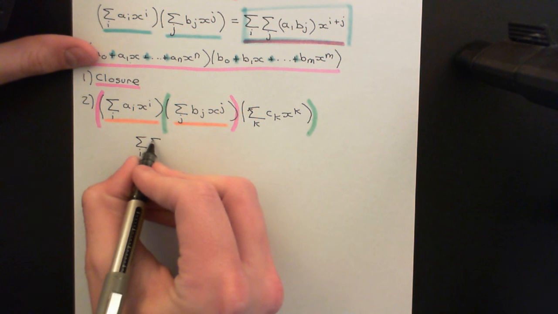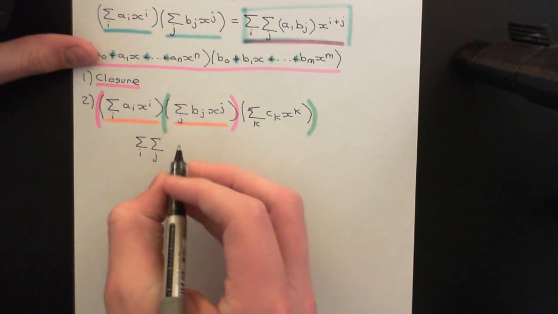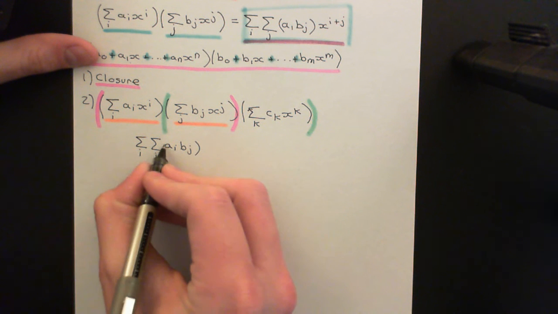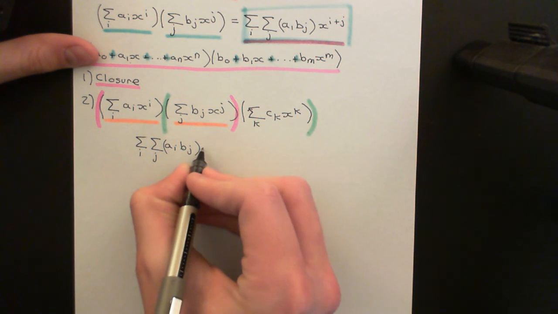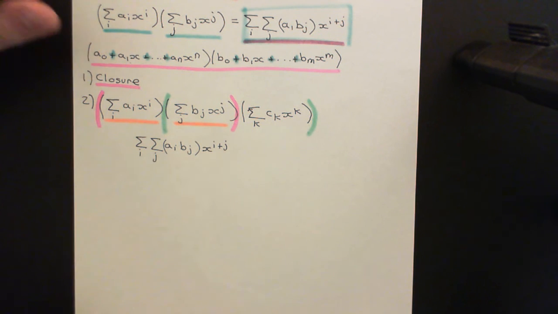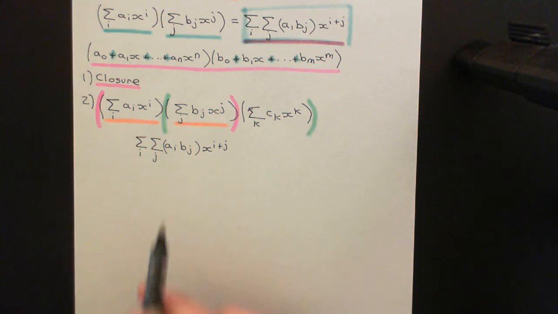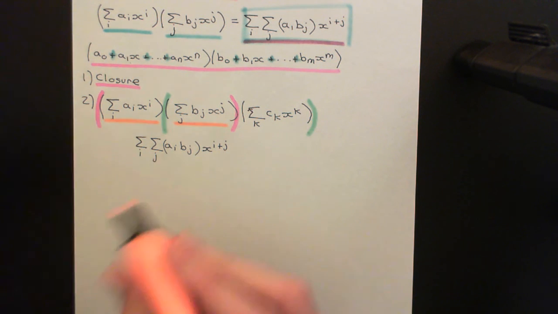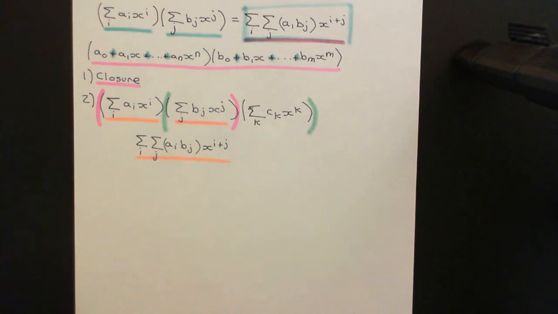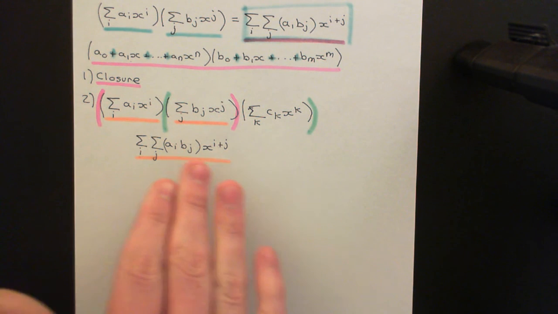Okay, so it will become the sum over i, the sum over j of a_i times b_j, where that multiplication is carried out in the original commutative ring R, and then we add the powers x^(i+j) like that. Okay, so you'll need to sum up all of these monomials in the addition law that's on our ring of polynomials to actually get the end answer.